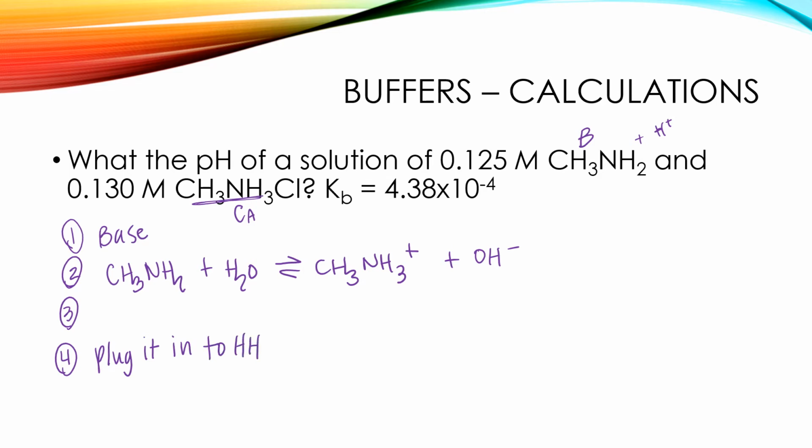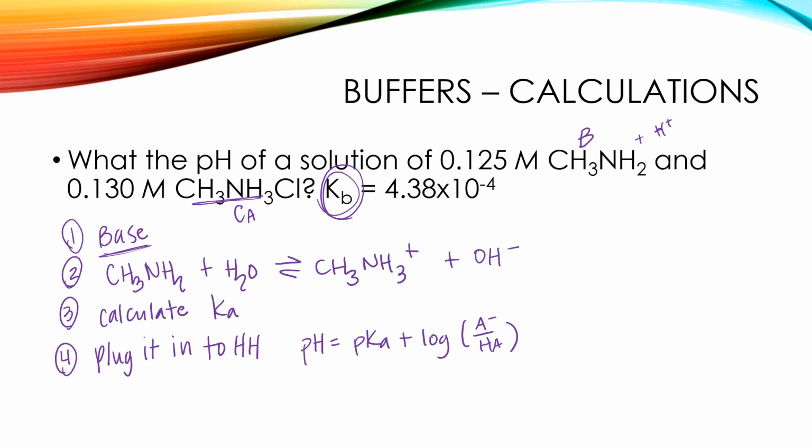But the issue here is that the Henderson-Hasselbalch equation asks me for pKa, right? Well, I have Kb, which would allow me to calculate pKb. So if I have a basic buffer, I have to calculate Ka from Kb first.